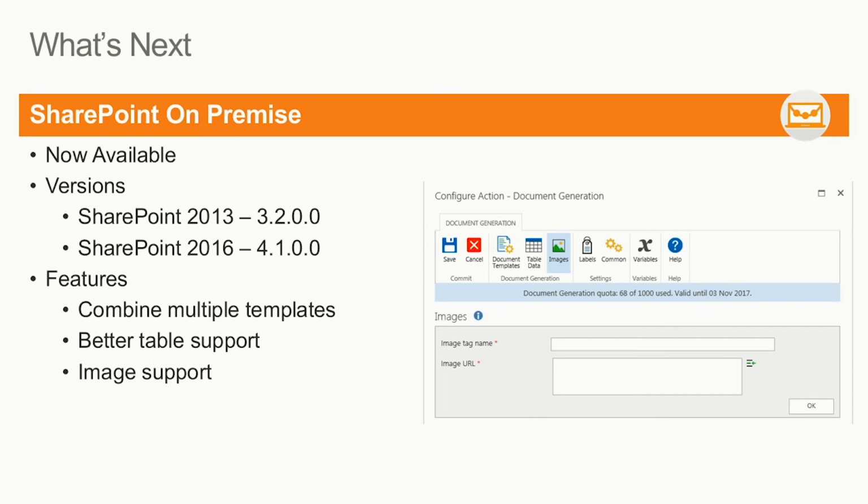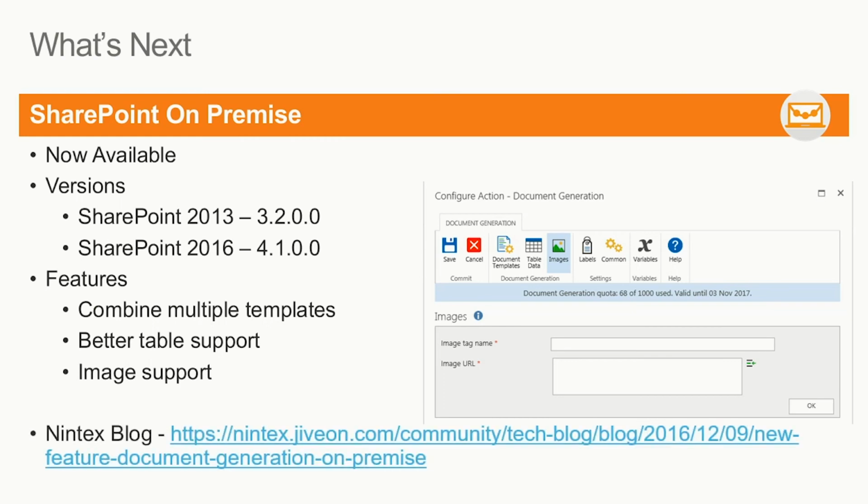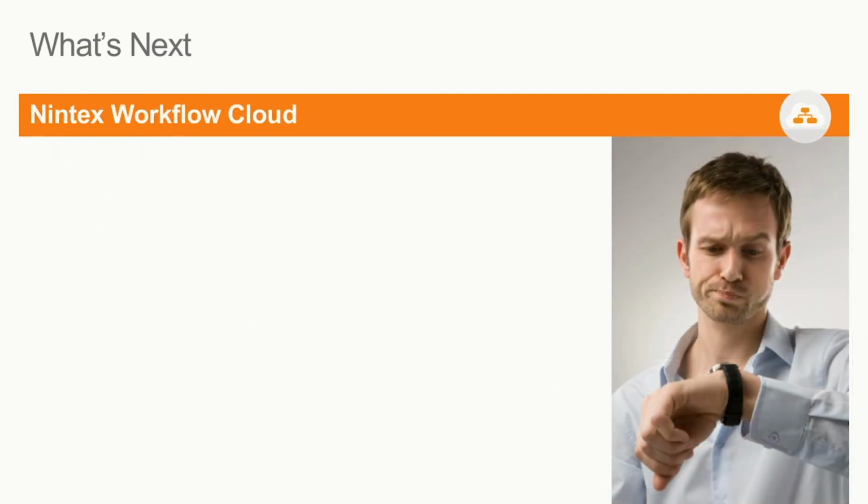You have the ability to inject a lot more data into your documents. There's a good blog post that will be inside the slides covering some of the new things, at least from an on-premises perspective. So that's all just what you can do today on-prem.